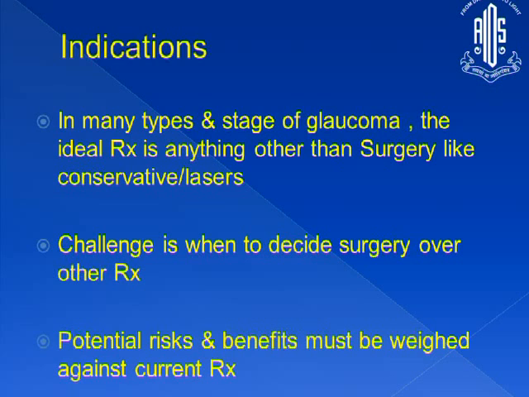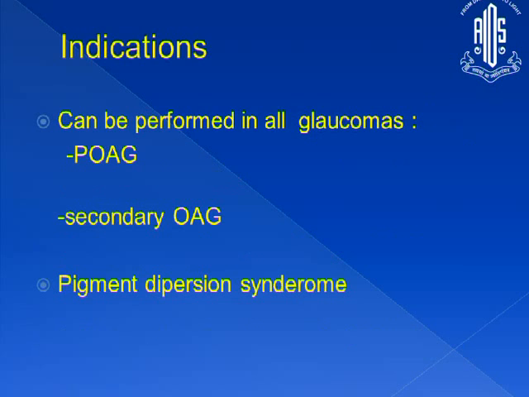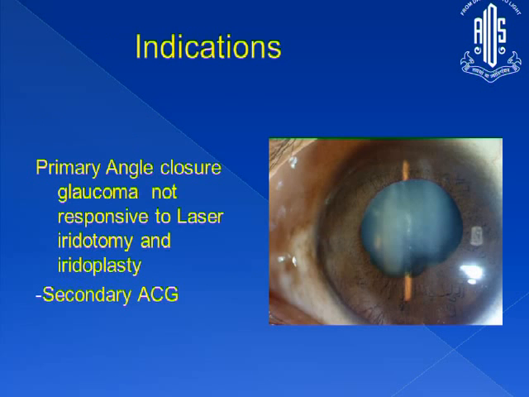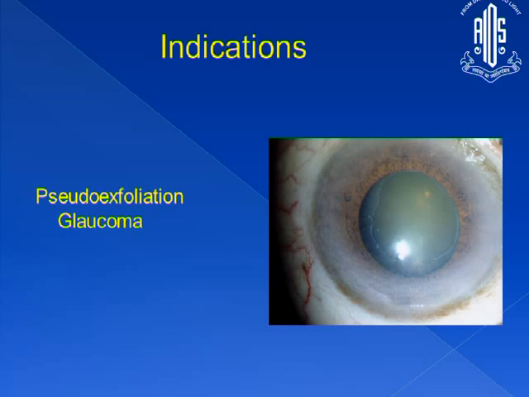We have to weigh the potential risks and benefits of the current treatment modality. It can be performed in primary open-angle glaucoma, secondary open-angle glaucoma, pigment dispersion, then primary angle closure glaucoma not responsive to laser iridotomy or iridoplasty, secondary angle closure glaucoma. Then other indications could be pseudoexfoliation glaucoma.